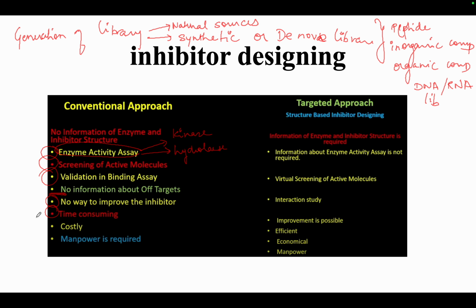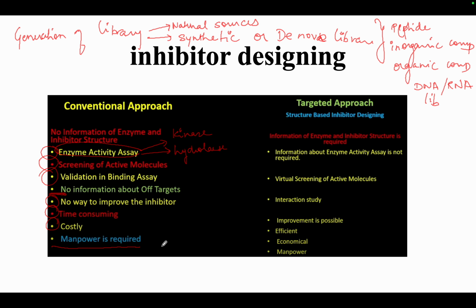It is also very costly because of the reagents and techniques used, which is not economical, and manpower is required. To perform different techniques, we need skilled people to perform the assays.